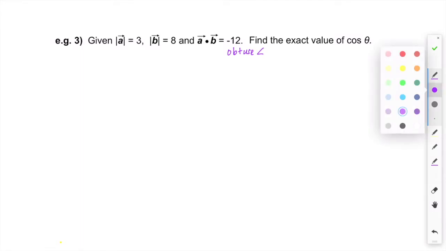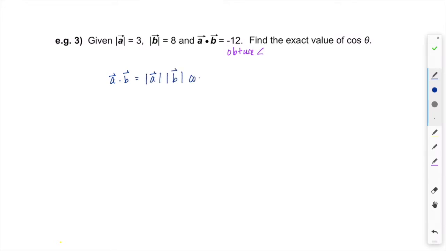Okay, so we know that A dot B is equal to the magnitude of A times the magnitude of B times cosine theta. Since I'm looking for theta, I'm going to rearrange this formula. So cos theta is equal to A dot B over the product of the magnitudes of the two vectors.